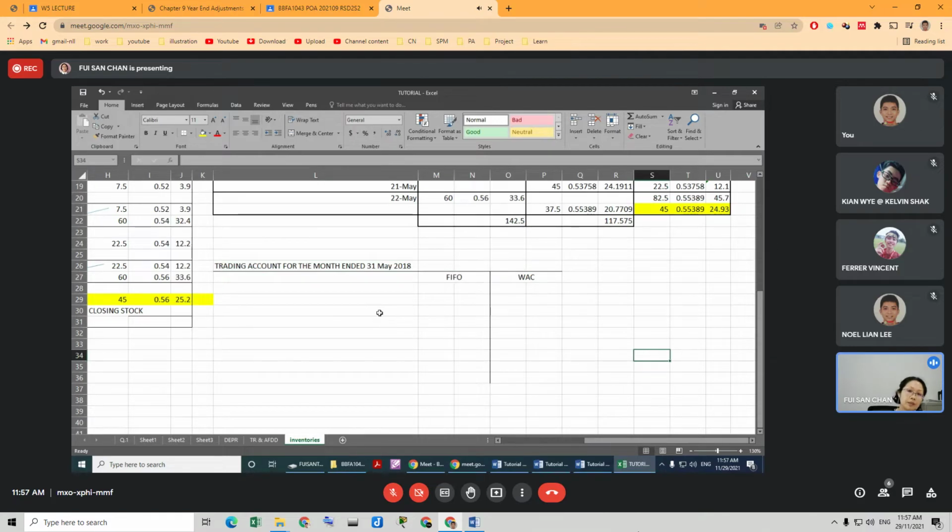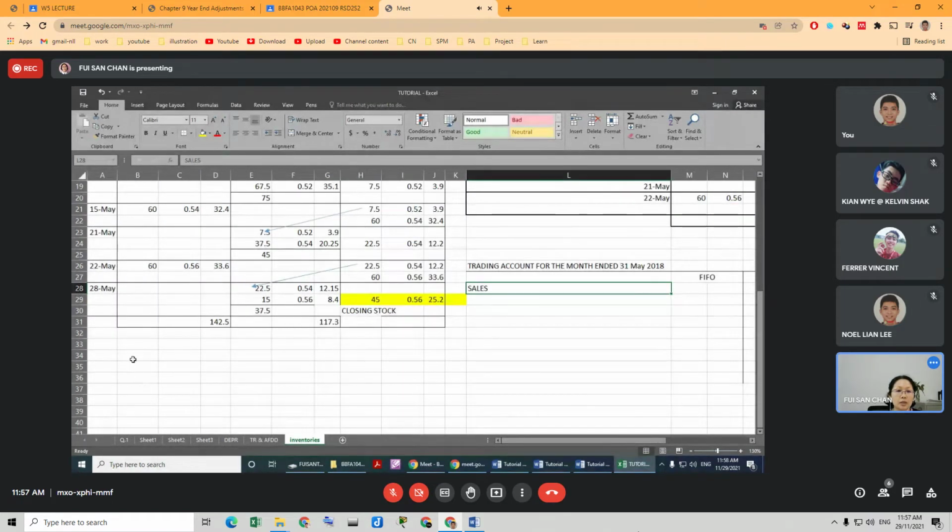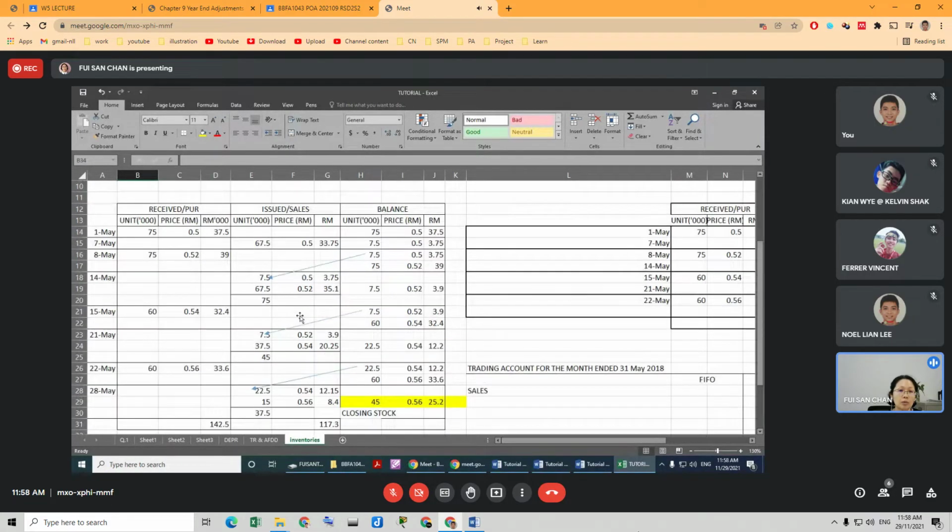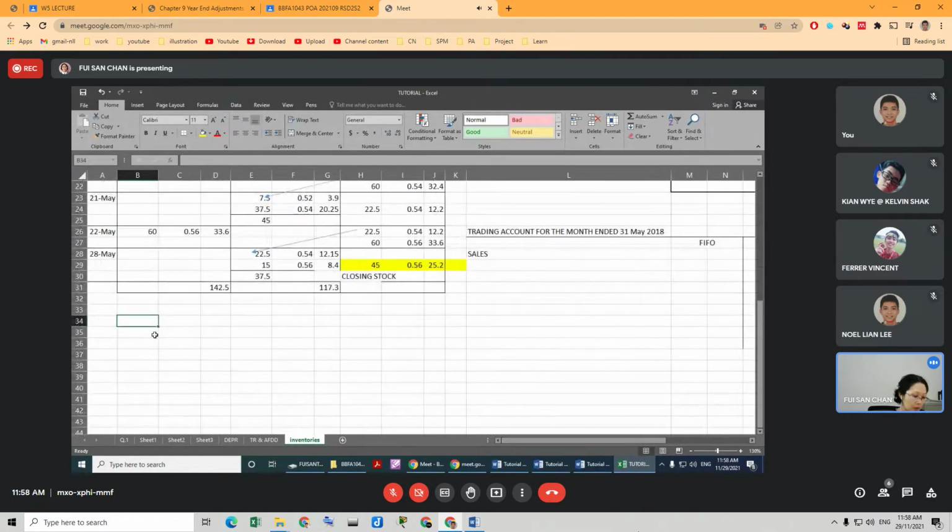Okay, now trading account, first item is sales, right? So do you know how much she sells? Okay, you can actually do the calculation now. So you can get it from your question. Your question says sales: 25 units, third week and fourth week.